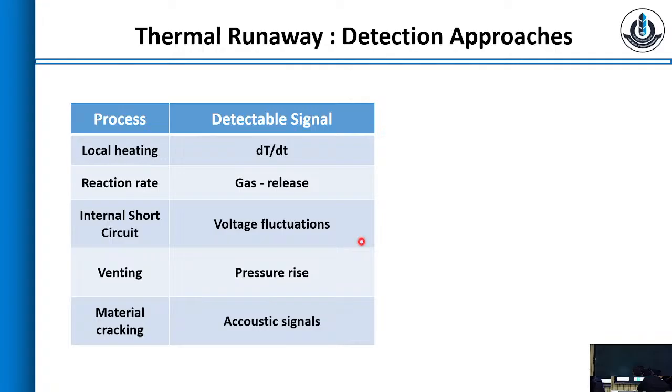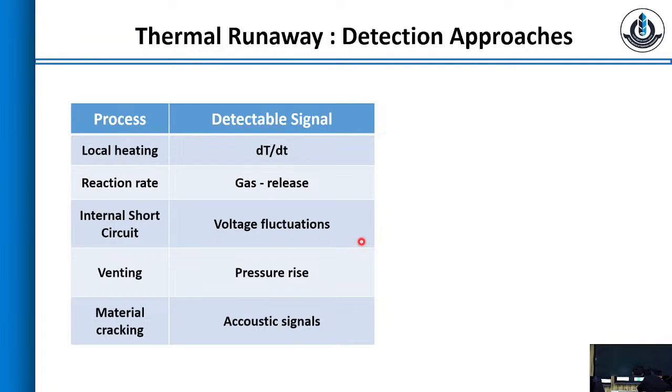And then there could be material cracking. Once you pressurize your cell, it will suddenly vent, so if you have some kind of acoustic receiver, you can detect it that way. But there are disadvantages. When your vehicle is running, you will have other kinds of acoustic disturbances coming in to the sensors, so this may not be a very effective approach, especially for EVs.